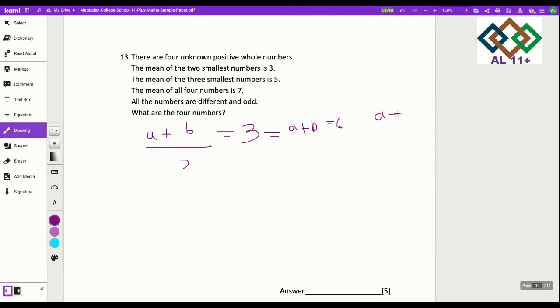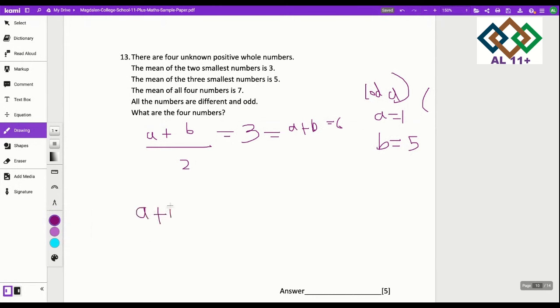So with this we know that A is 1 and your B is 5. So they are odd numbers. And the next one, let's do the next one now.